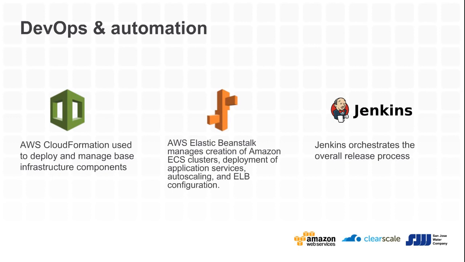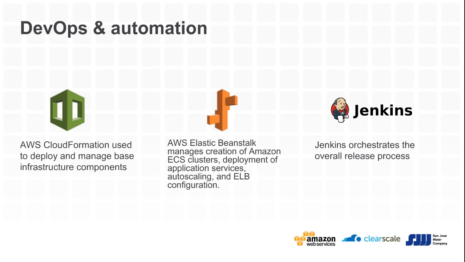Let's talk a little bit about the DevOps and automation portion of this. These are some implementation principles from ClearScale. This is how we generally think about things. Not every project lands into this particular mold, but this is kind of a general guideline.